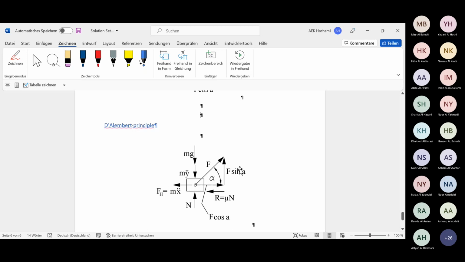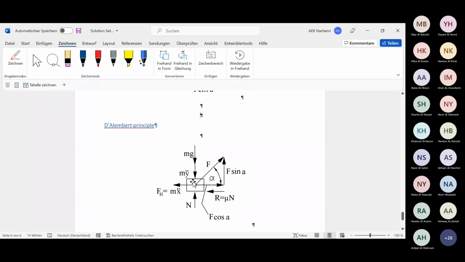The difference is that we use the inertia force: m x dot dot along the x direction, which is against the direction of the axis x, and the inertia force m y dot dot along the y direction, opposite to the direction of the axis y.